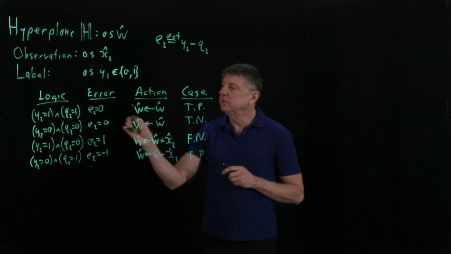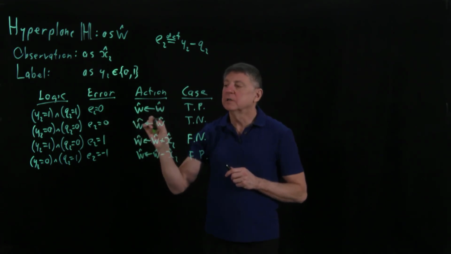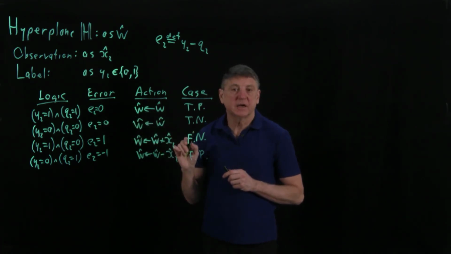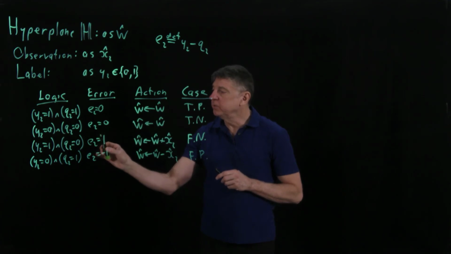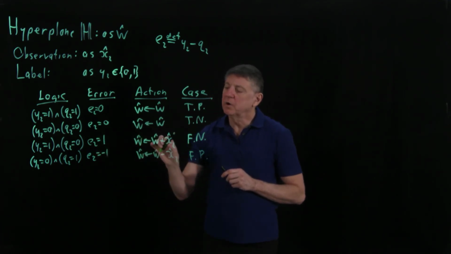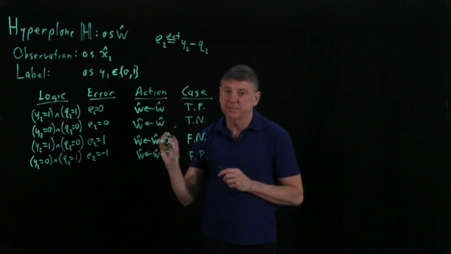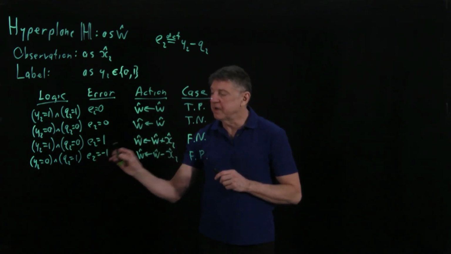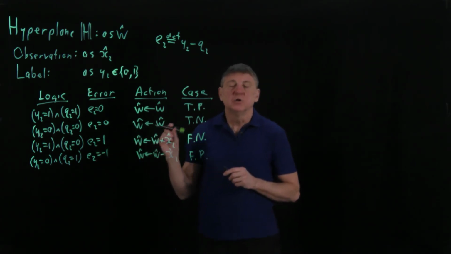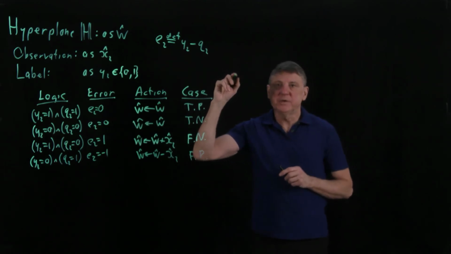What are we doing when the error is 0? We're leaving this unchanged. What are we doing when the error is plus 1? We're adding our data to the augmented weight vector that represents the hyperplane. What do we do when the error is minus 1? We're subtracting it.